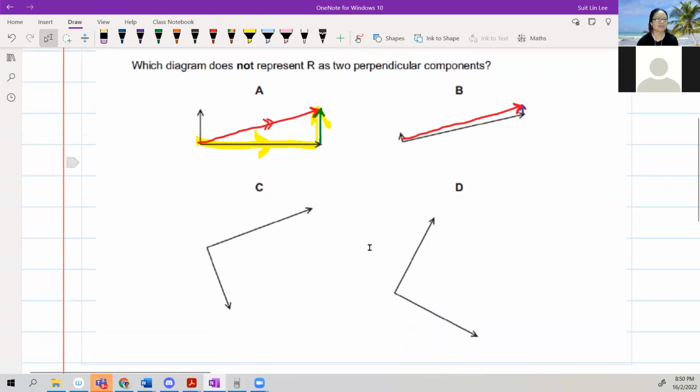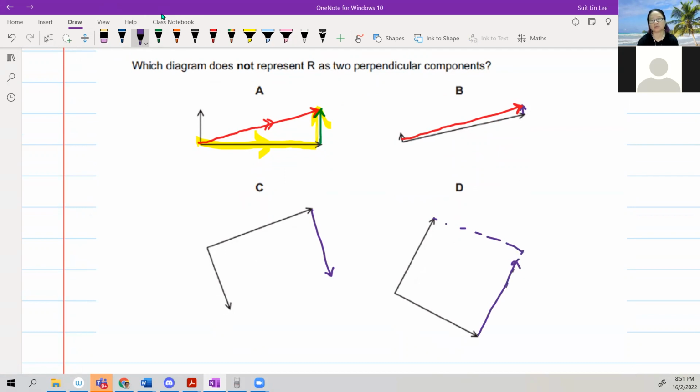Okay, so we're going to repeat again for C. So what you will do in the exam, because you can't do what I'm doing on a writing tablet, right? Use your ruler to try your best to transfer the arrow. Okay. So in both cases, when I transfer the arrow, or basically if you want to, you can build a parallelogram like this. Okay, this is just using the diagrams.